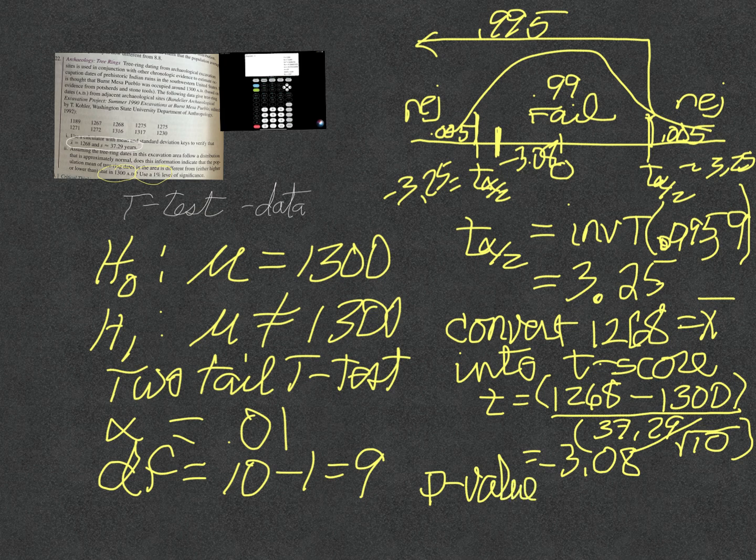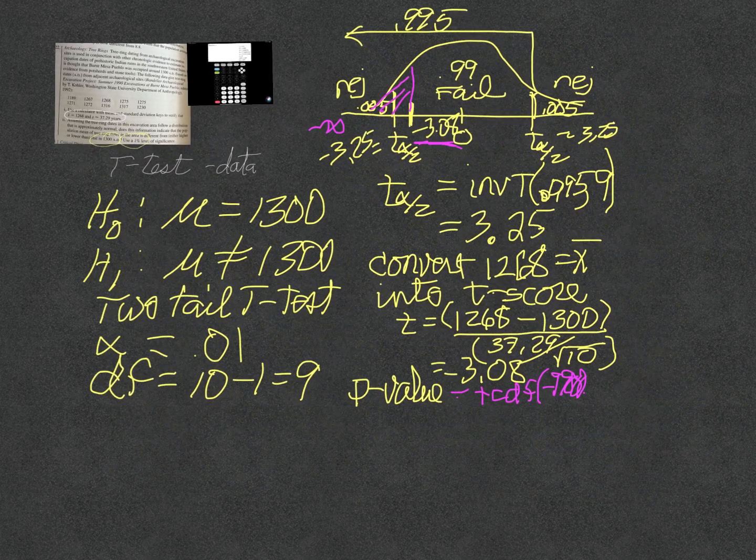And based on the number line, that will be from negative 3.08 to negative infinity. All right, that will be the region of the p-value right there. And so that number can be found by a t-CDF, and I do negative 99,000.